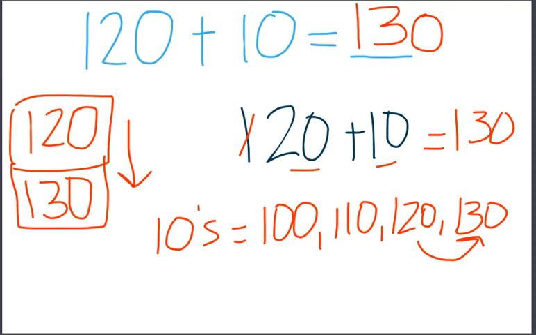There's a lot of different strategies that you could use to figure out 120 plus 10. But when it comes down to it, 130 is 10 more than 120. Which strategy do you like best? Do you like going down one because you know it's just faster? Because you know it's just 10 more?